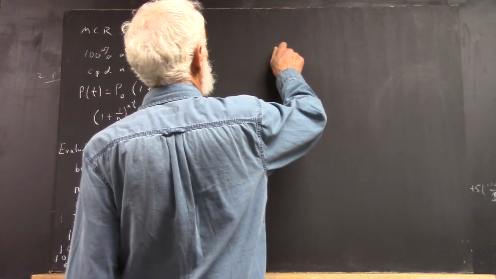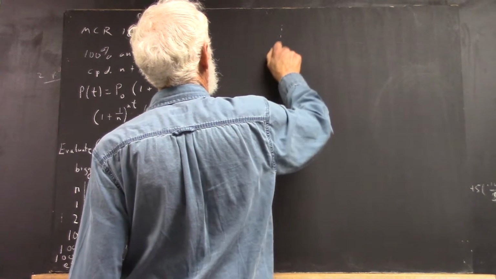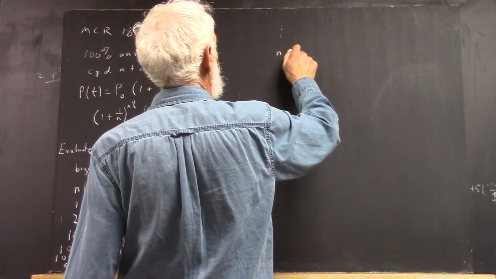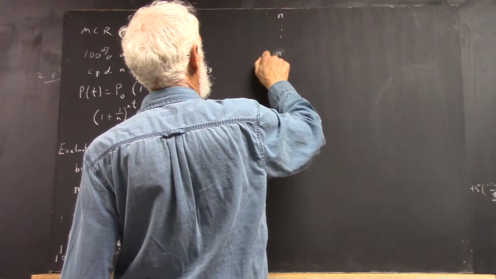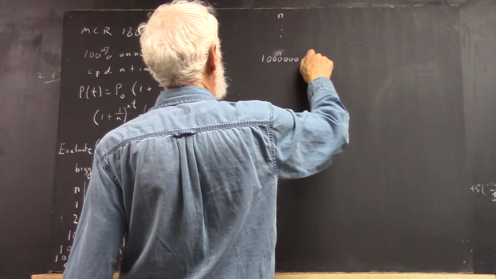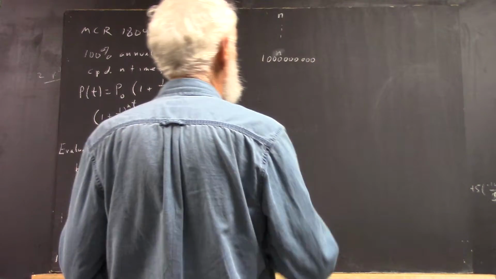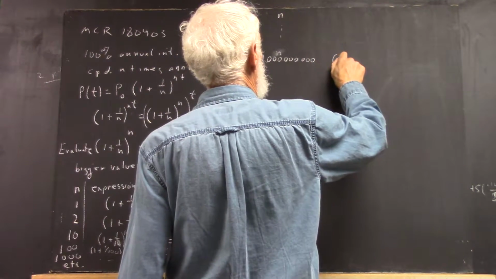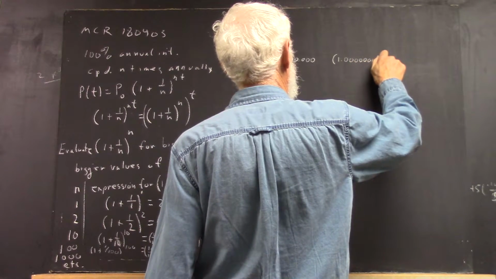For a billion? Well, I went to 1 to the power of 10, because it's so much easier to type on the calculator. Well, you were using a billion whether you knew it or not. Yeah, I knew it. You get 1 point 0, 0, 0, 0, 0.